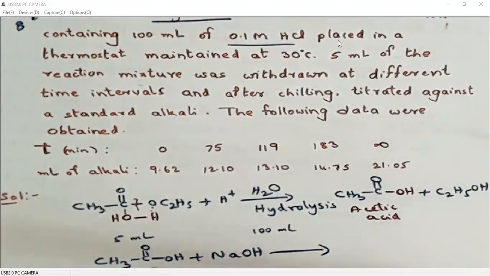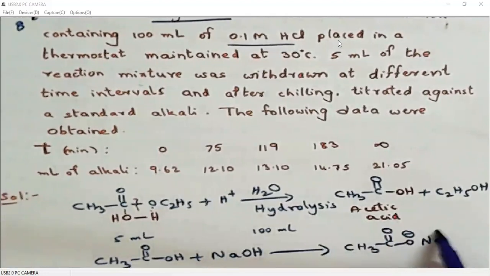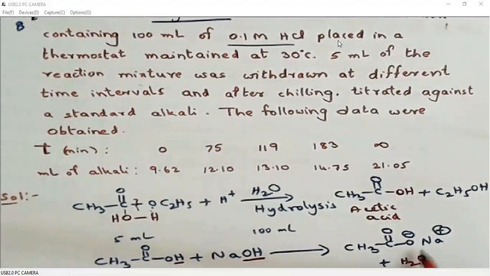It is a carboxylic acid, it is a base, so the reaction is a neutralization. CH3COO minus Na plus, sodium acetate. This OH minus and H plus will become H2O. So this is a neutralization reaction.